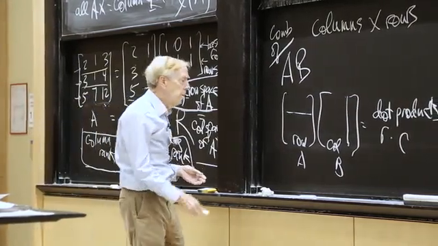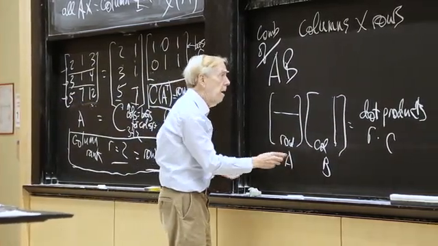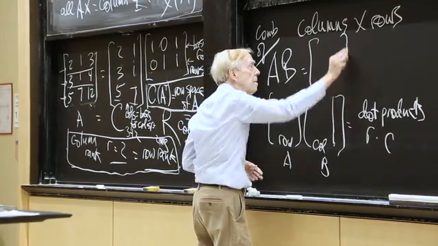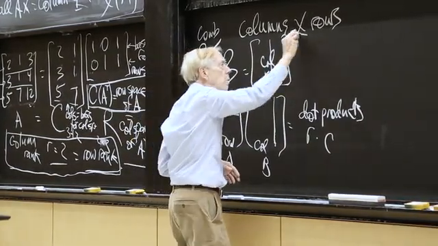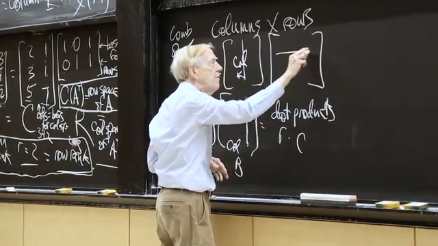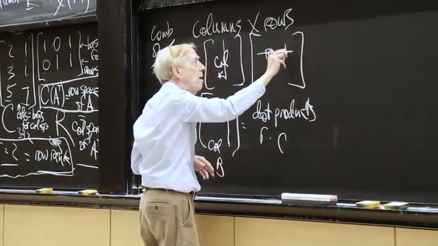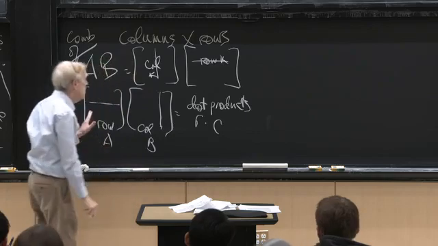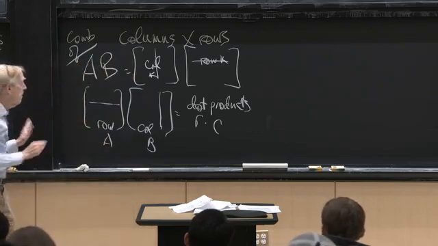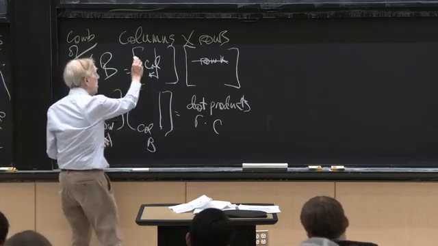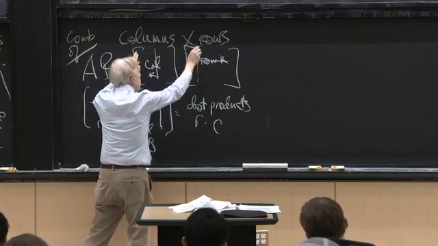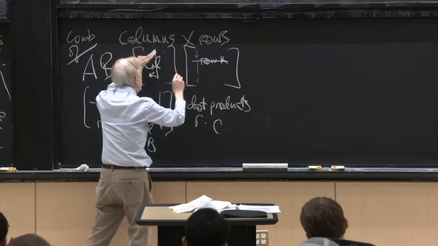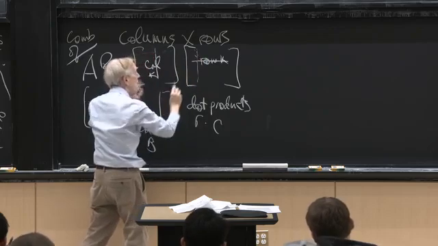So this is the old way. The new way is columns, so there's column K. It will multiply, sure enough, row K. Everybody sees that it will happen that way. If you do it the old way, when you do a dot product, and you hit column K here, you hit row K there.